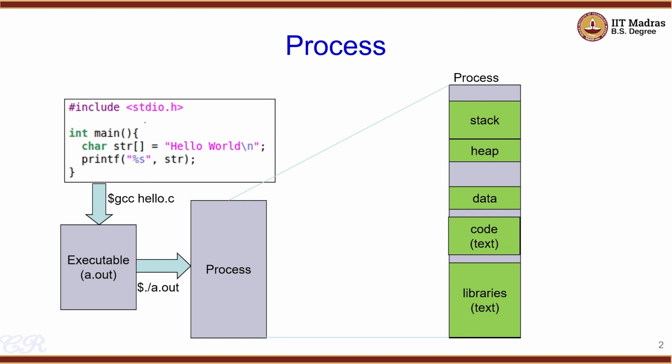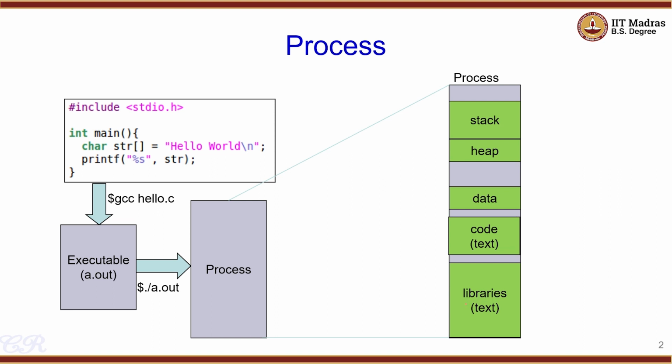So code essentially is instructions comprising the various functionality of the particular program. For instance, the main function and the instructions that correspond to it would be present in the code area. Very closely related to the code are the libraries. There are multiple different libraries that may be present in your process.